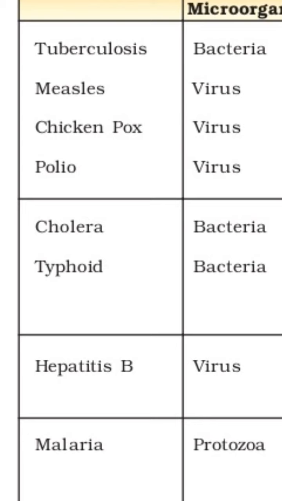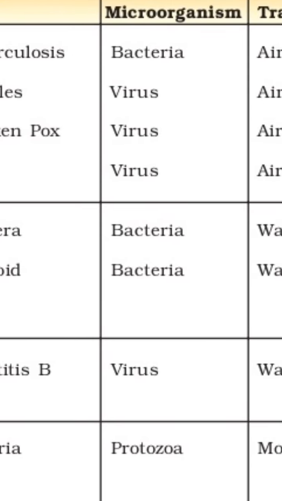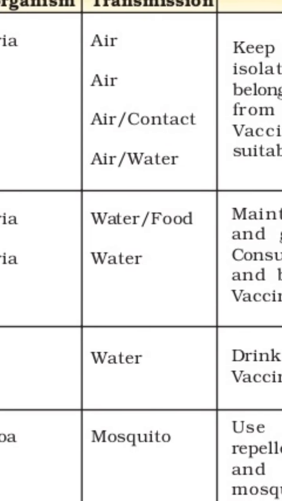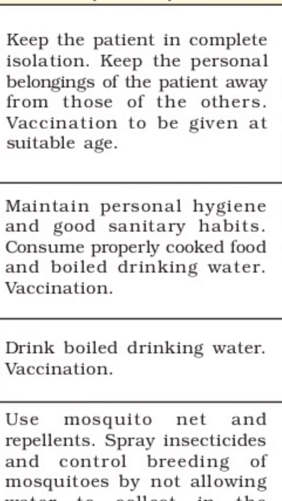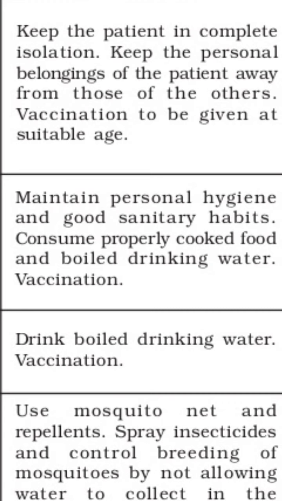Cholera, causative microorganism bacteria, and mode of transmission water and food. Typhoid, causative microorganism bacteria, mode of transmission water. Then what are the preventive measures? Maintain personal hygiene and good sanitary habits.